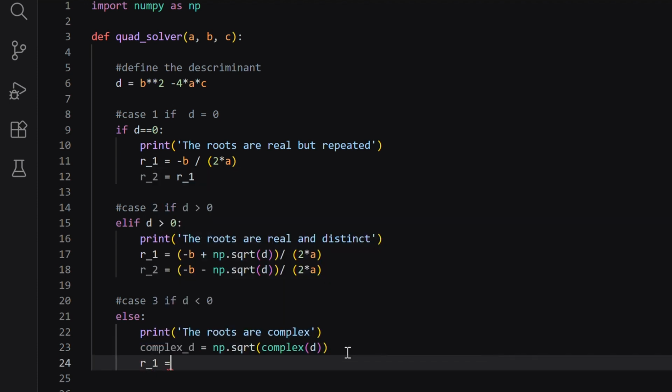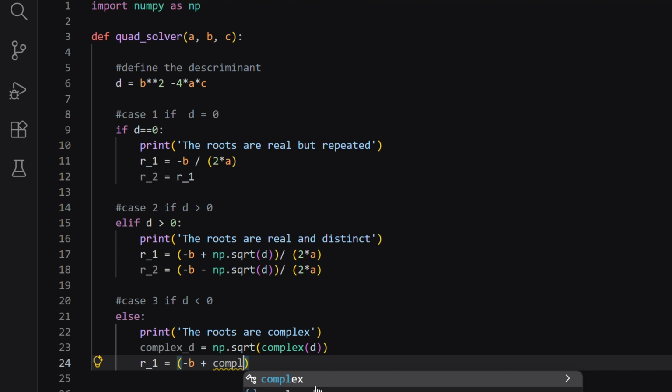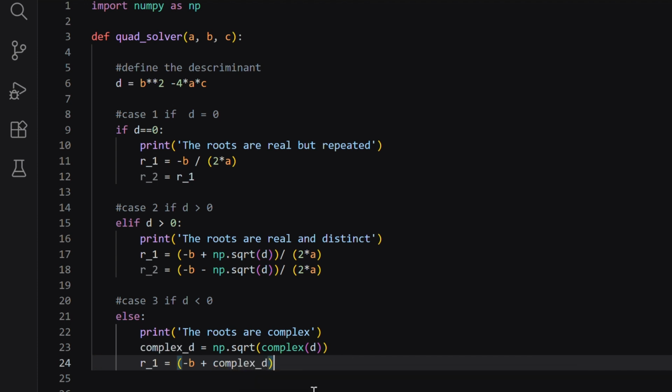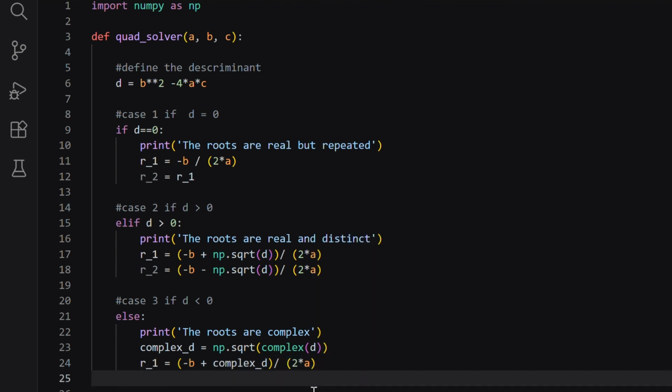Then r1 is going to be minus b plus the variable complex d all divided by 2a. And then r2 is going to be the same, but we change plus to minus, so we copy this, paste it here, then change this to minus.